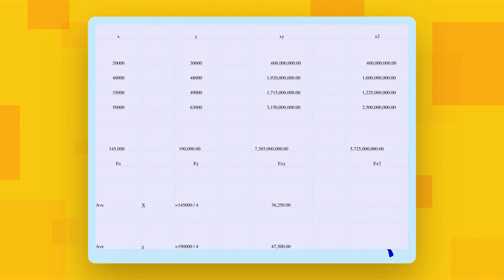Given the 20 and the 30, what you will do is add all 20, 40, 35, and 50, and that would be 145,000. That would be the summation of x. For y, just add all 30, 48, 49, and 63.